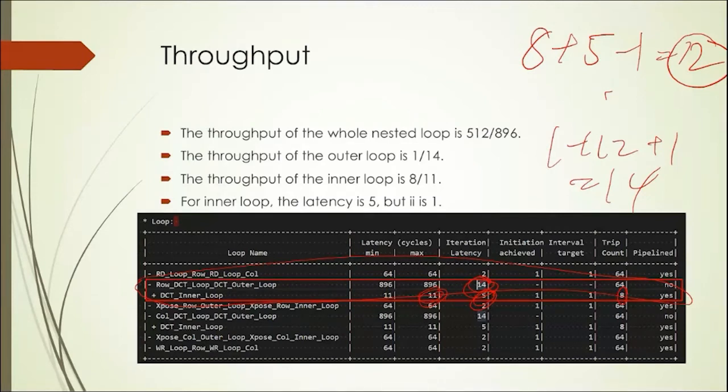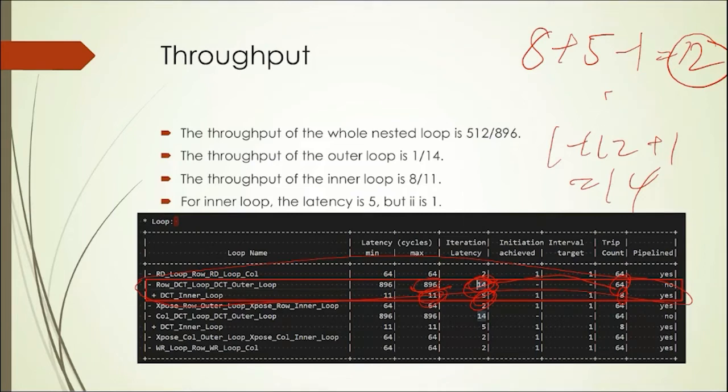Okay, so now you can see the outer loop is not pipelined, so the iteration latency is 14 and the trip count is 64. You multiply them together and it will be 896. Sorry.